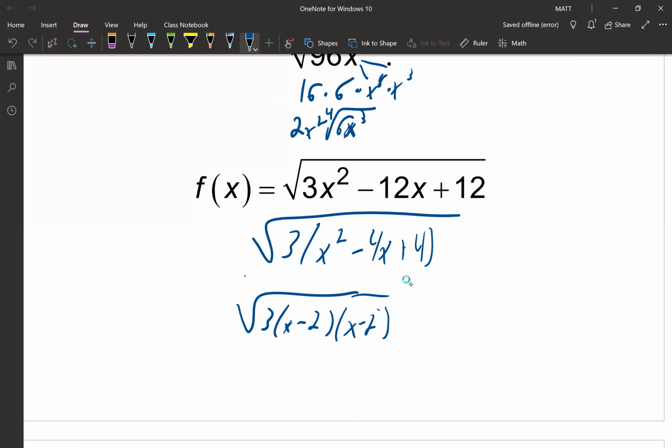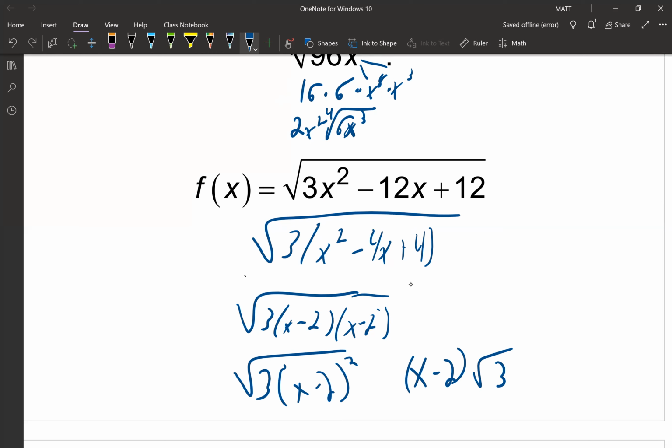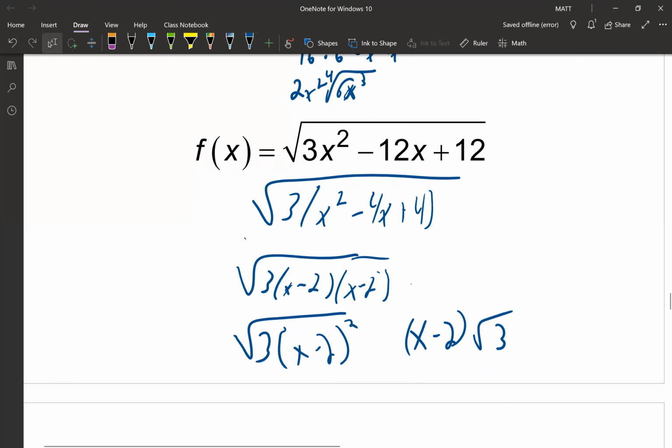So that's the same thing as saying the square root of 3 multiplied by x minus 2 squared. And then notice we have a square root and a square, so those will cancel. So we have x minus 2 multiplied by the square root of 3, right? Okay. All right. So that's it for that problem. We'll move on here.